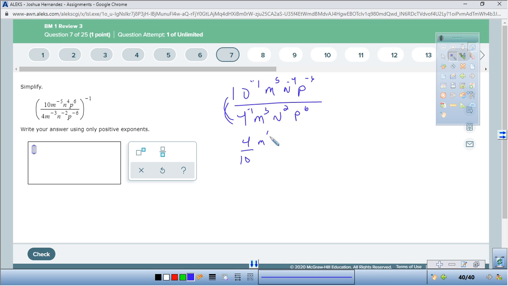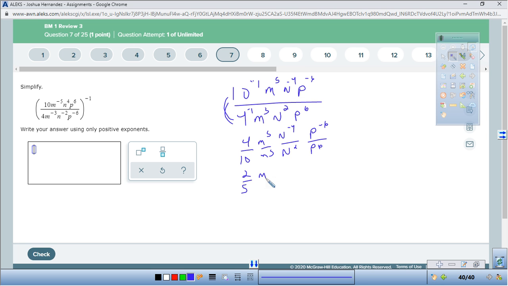M to the 5th over m to the 3rd. We're going to have m to the -4th over n squared. P to the -6 over p to the 6th. Subtract them now. This part becomes 2/5. I can simplify that.